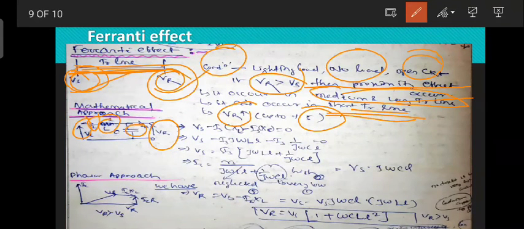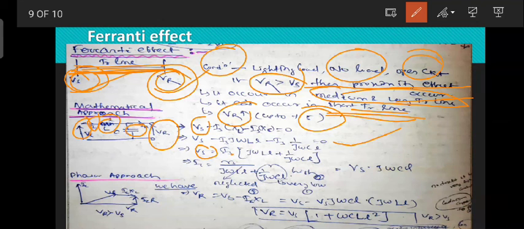So by applying our Kirchhoff's voltage law, sending end voltage minus sending end current times inductive reactance minus sending end current times capacitive reactance is equal to 0. XL is equal to j omega L, and XC is equal to 1 by j omega C. Then Vs comes to our left hand side and the others are taken to our right hand side.